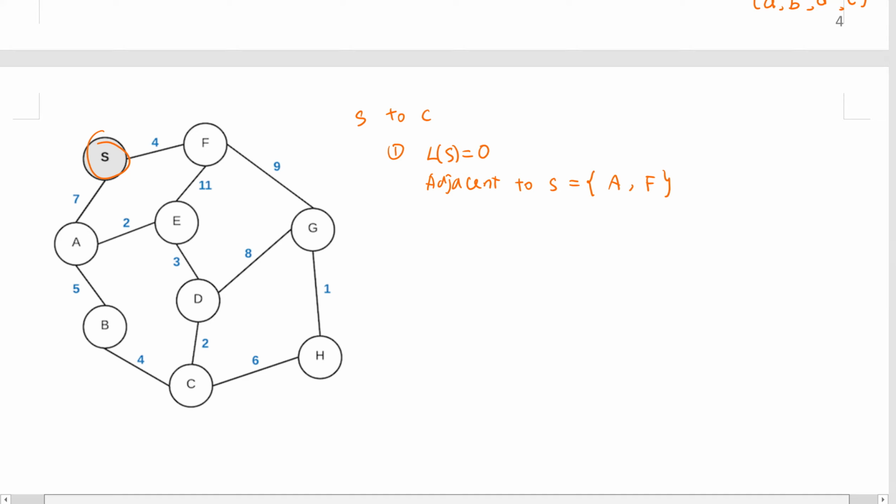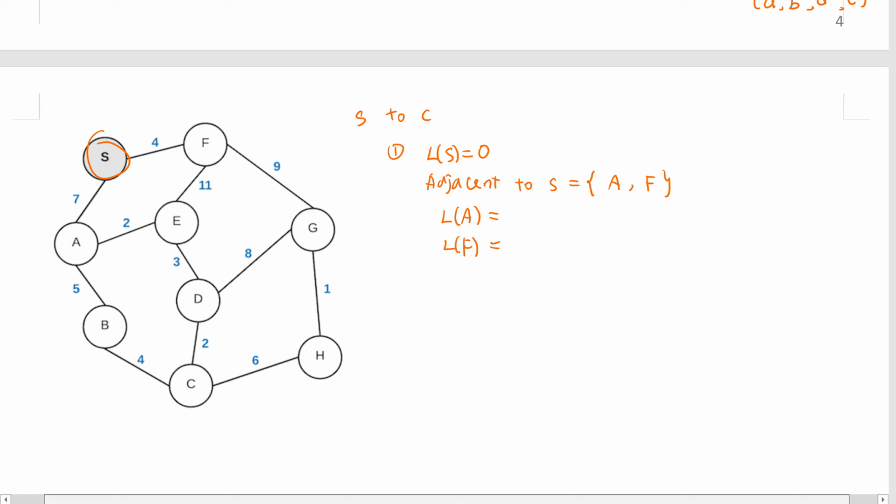Okay, so A and F, then L of A, L of F. If the graph is not so complicated, I don't write the vertices in the label. But if the graph is more and more complicated, then I would like to include the vertices in the label. Then it's easier for me to check where the label comes from, which vertex.